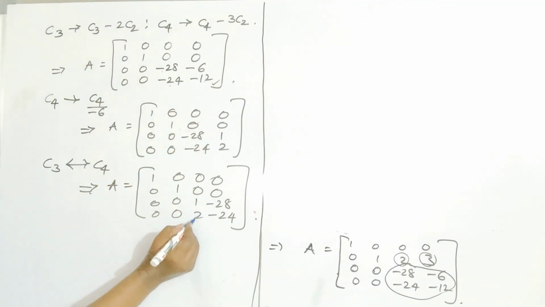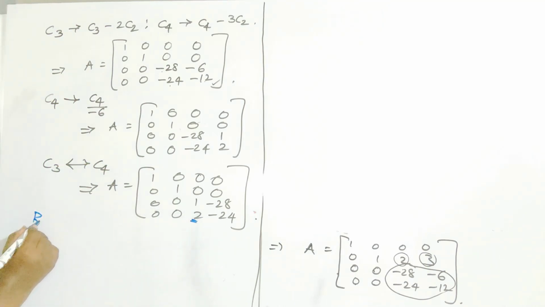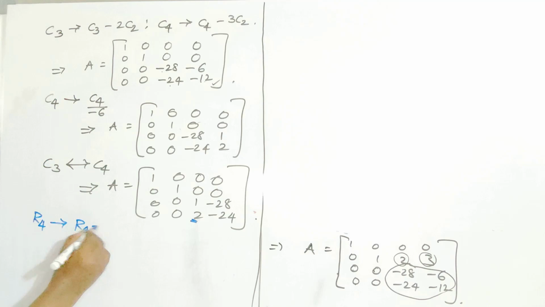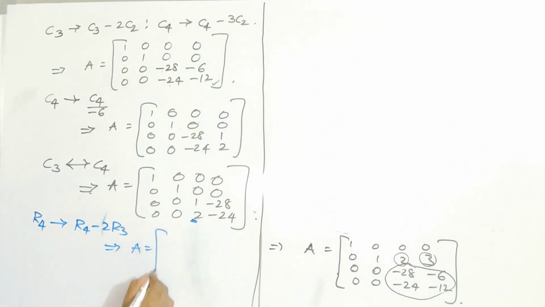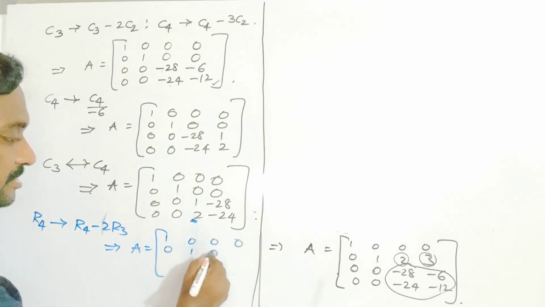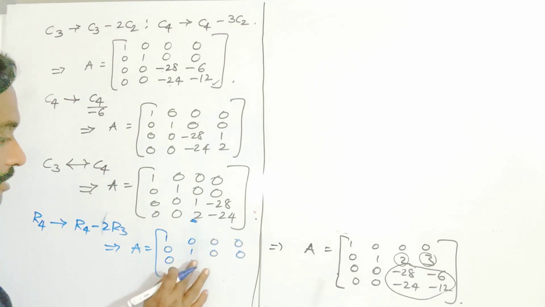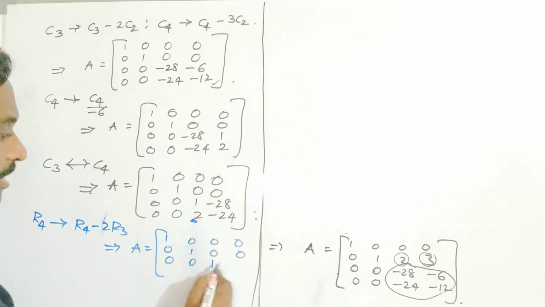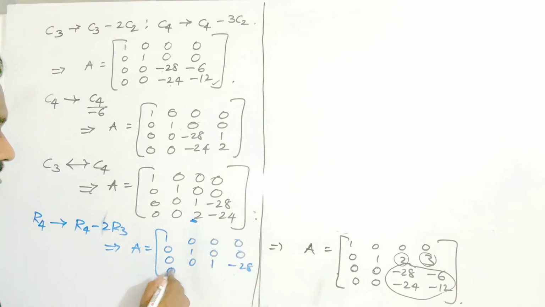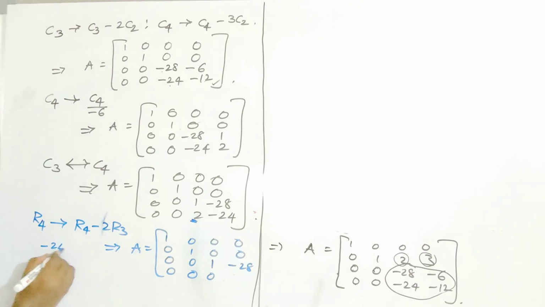Now we have to make this element 0. R4 implies R4 minus 28R3... R4 implies R4 minus 2R3. So this becomes A is equal to 1 0 0 0, 0 1 0 0, 0 0 1 2, 0 0 minus 28 and minus 24 minus of minus 2 28s, it would be 56.